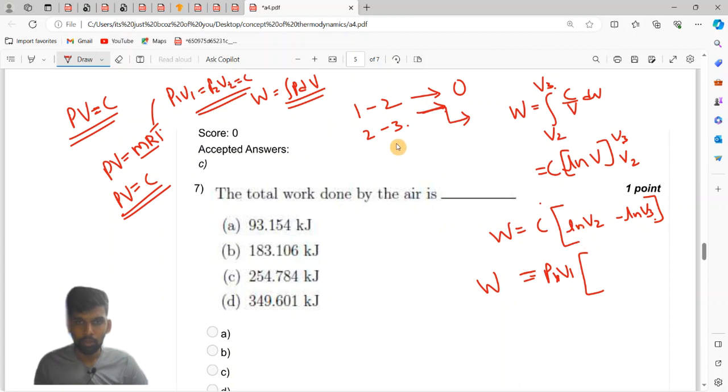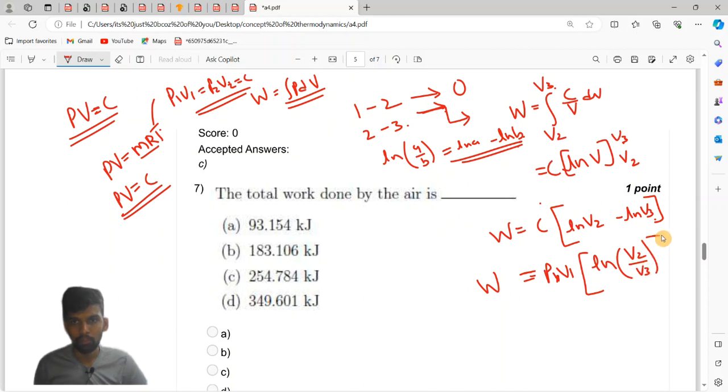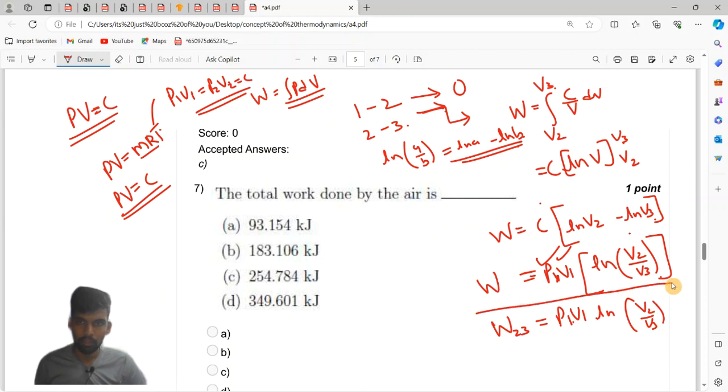And we know from the property of logarithms that ln A by B is nothing but ln A minus ln B, so here we use that with V2 by V3. Since P1, V1, V2 and V3 are known to us, we will get W23 as P1 V1 ln V2 by V3. This is the equation of the work done by the air undergoing an isothermal process.